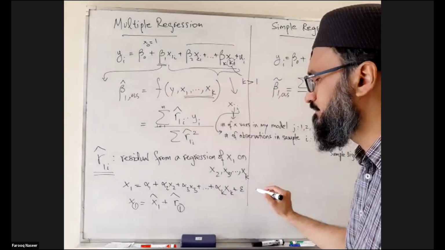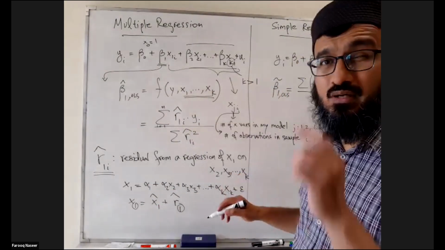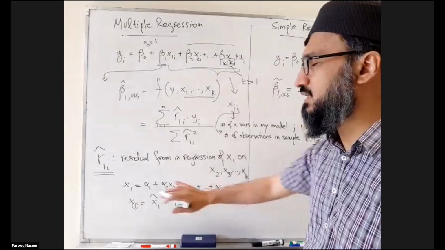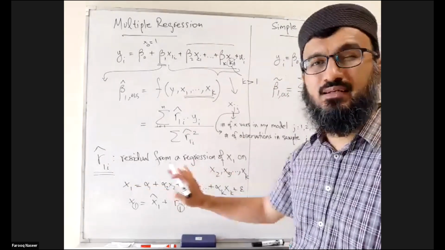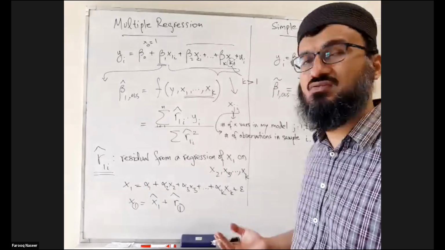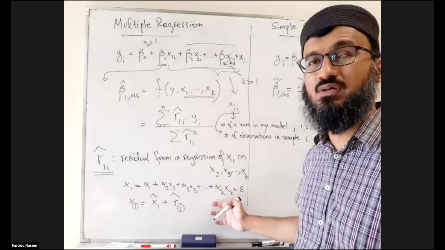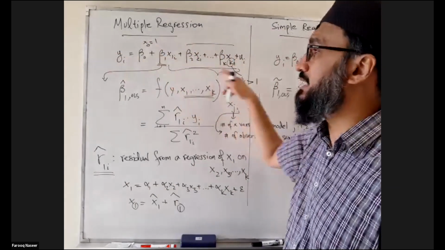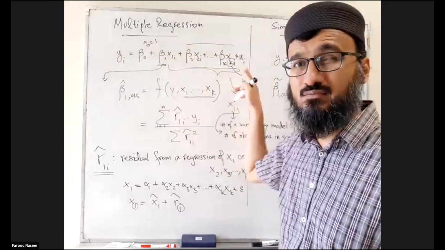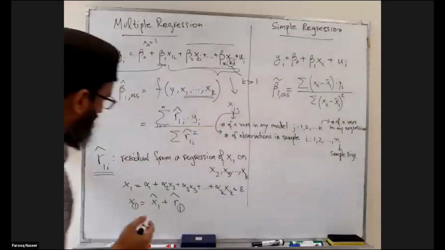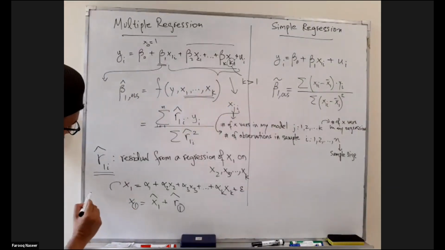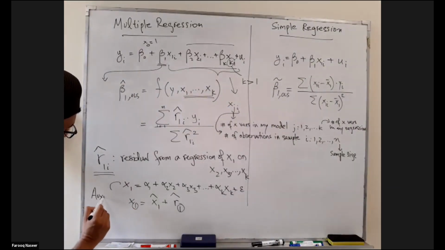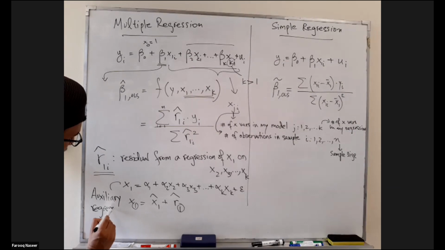This regression, going back to an earlier question or comment, we are not interested in this regression at all. So this is like an extra additional regression that we are running. All we are interested in is estimating this original regression. So you can call this regression an extra or auxiliary regression. It is an accessory.